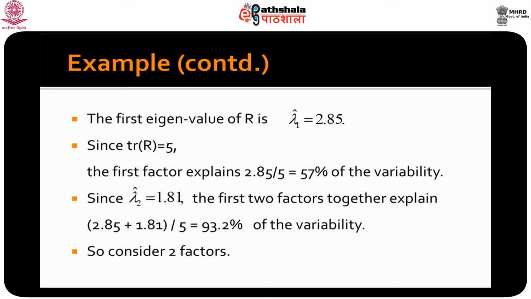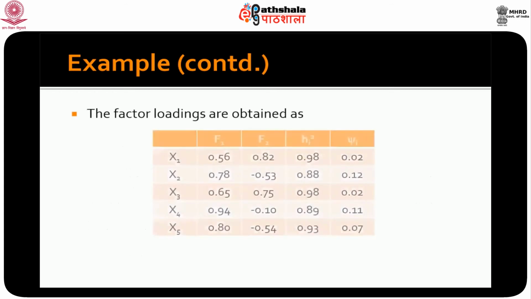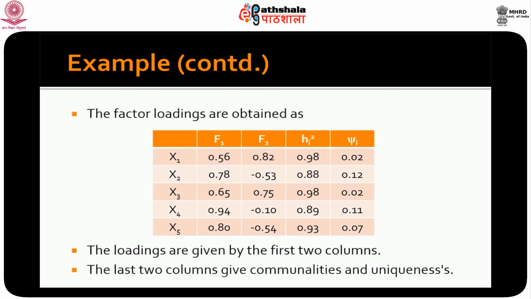So this would be sufficient to explain the data, and hence we will be sticking to 2 factors only. And then we get the factor loadings. The factor loadings for taste, the first variable, let's call it x1, come out to be 0.56 and 0.82 respectively.